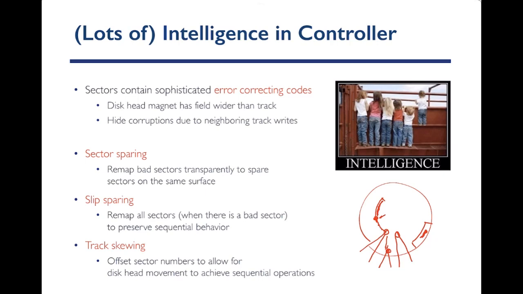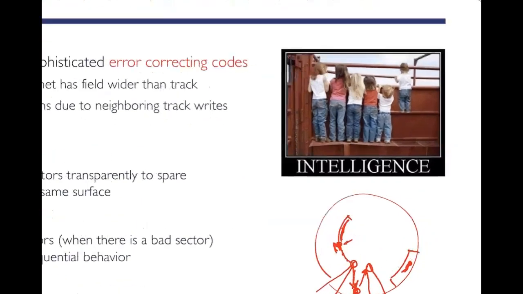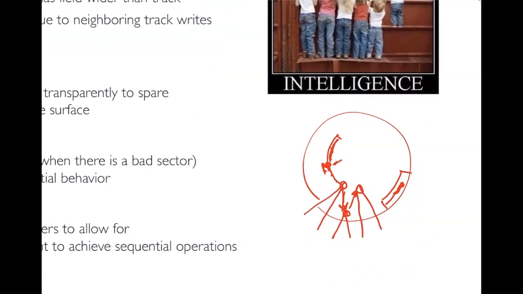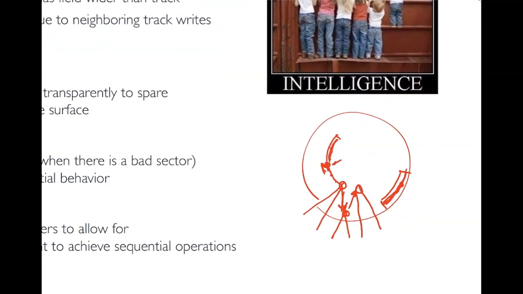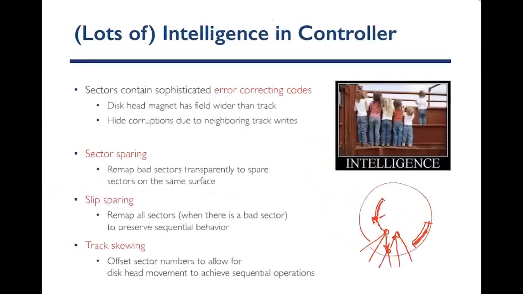This seeking backwards and then forward adds a lot of latency. So not only might you want to move the corrupted sectors, you probably want to move the entire file, the entire set of sectors somewhere else. This is another optimization that you might want to do, slip sparing.